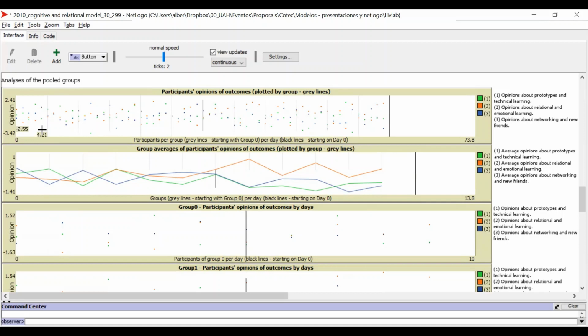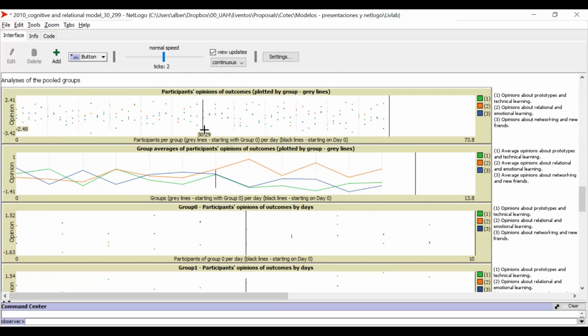Recall that every run, groups start with 0 up to the number of groups that can be formed with the participants that we have and with the group size that we have. So group 0, all the participants in group 0, group 1, all the participants in group 1, and all the way up to the last group, and the end of the first day.